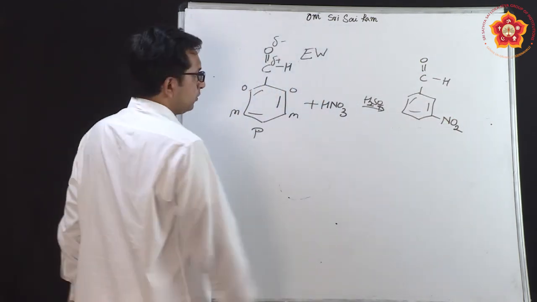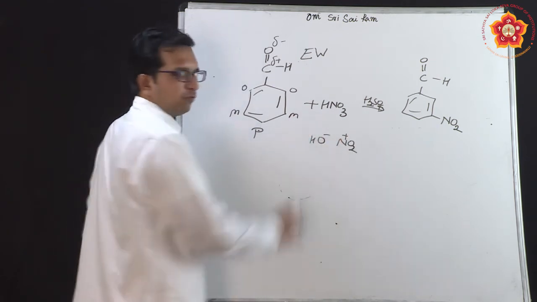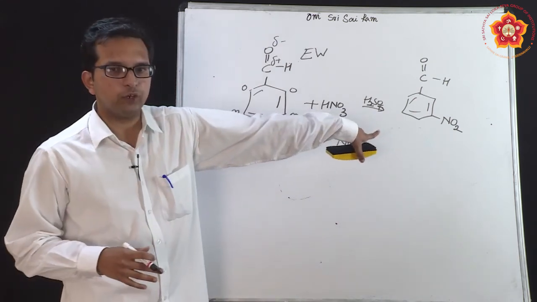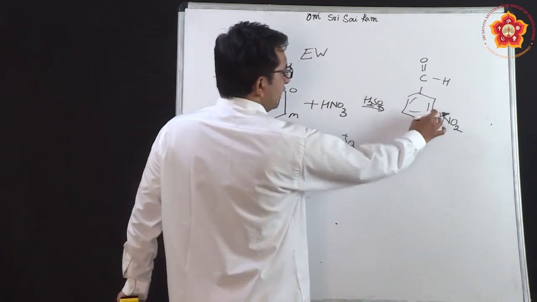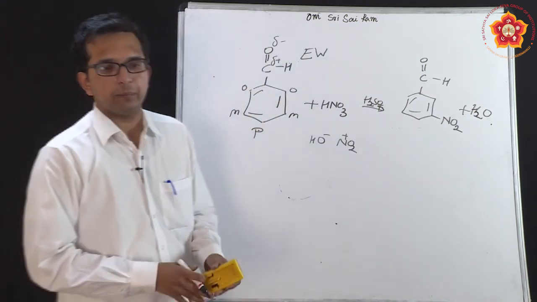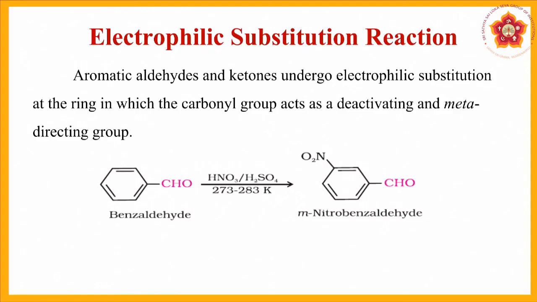Now, as told to you earlier, NO2 plus is the electrophile, OH minus is the other part which is split, and when you put NO2 at the meta place, you remove a hydrogen here. That hydrogen will react with OH minus to form water as the byproduct. So, this is how these electrophilic substitution reactions tend to give only meta products, because aldehydes, or for that matter even ketones, are electron withdrawing groups.